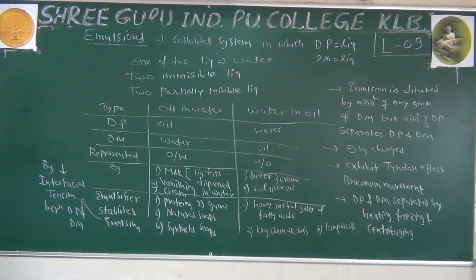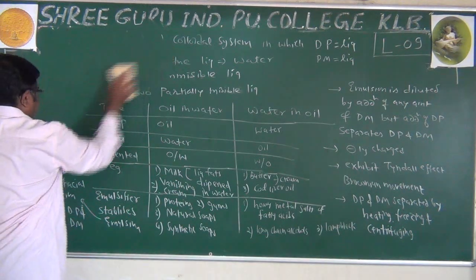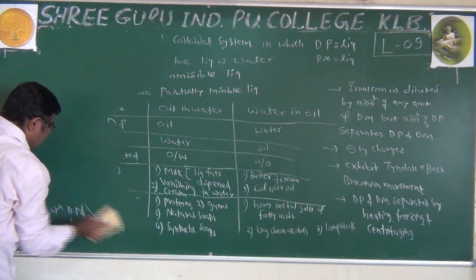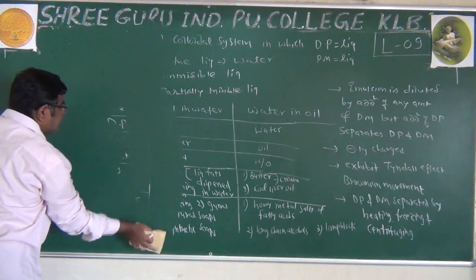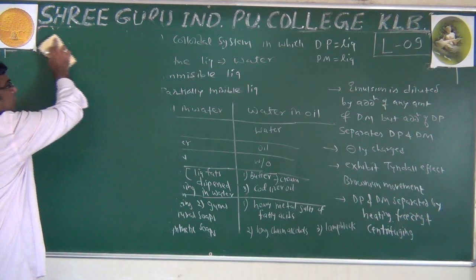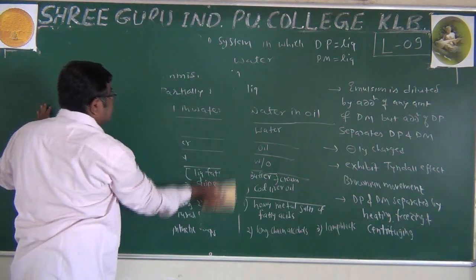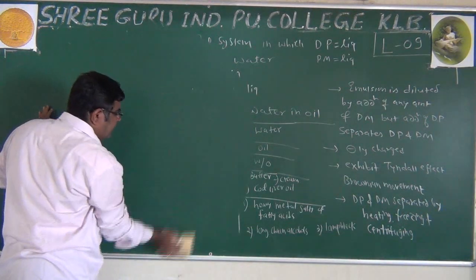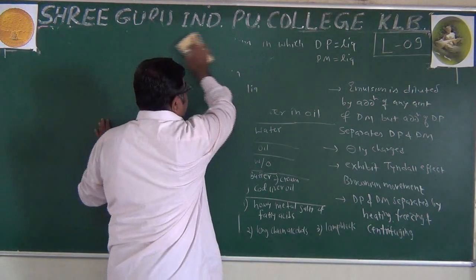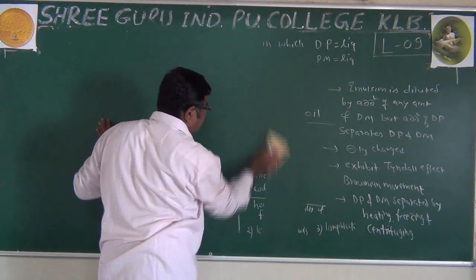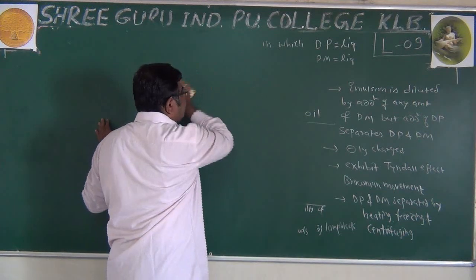Now after the emulsion, what we have to learn is that colloids surround us. We know that colloids are everywhere because what is colloid? We said colloid is a state of substance, not a substance. And what type of conditions are required for a colloidal system?